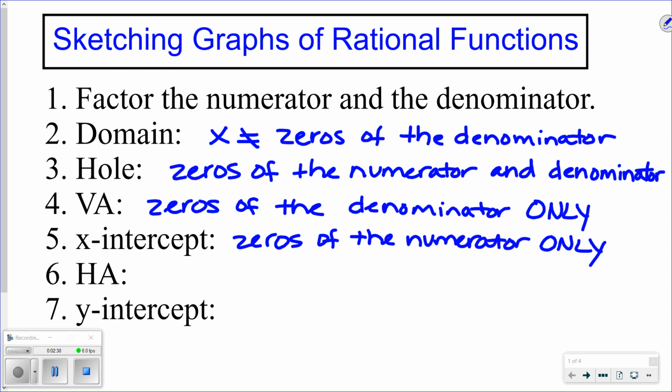Okay, now for the last two, the horizontal asymptote and the y-intercept, you actually want to look at the non-factored form of the polynomials. And to determine the horizontal asymptote, this is where you compare the degrees.